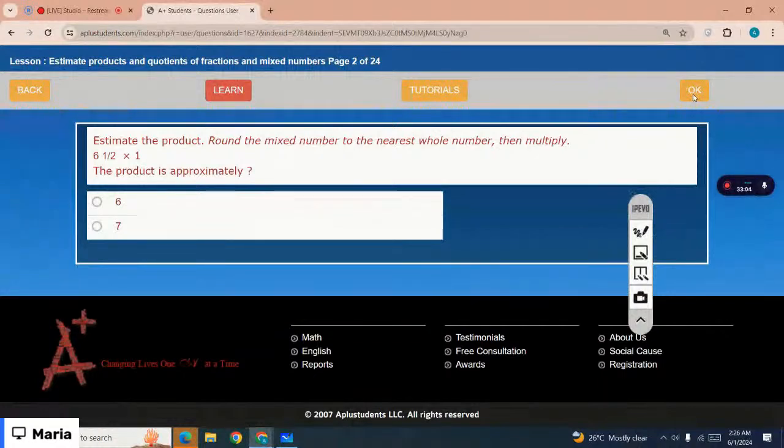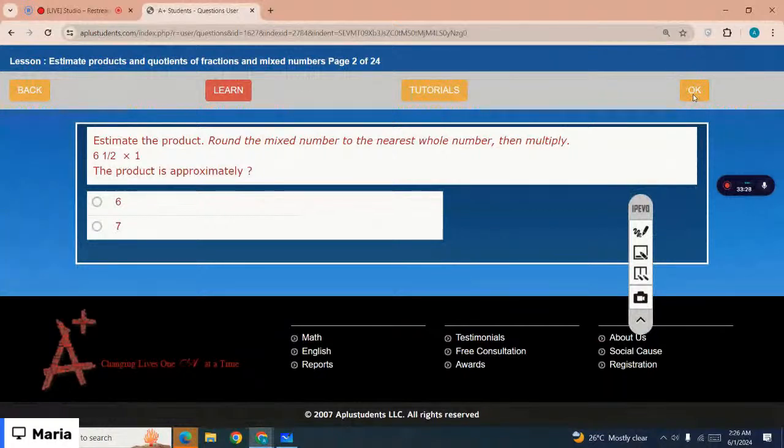Okay, the next one is estimate the product. Six whole 1 by 2 times 1. You have to round the first number to the whole number.